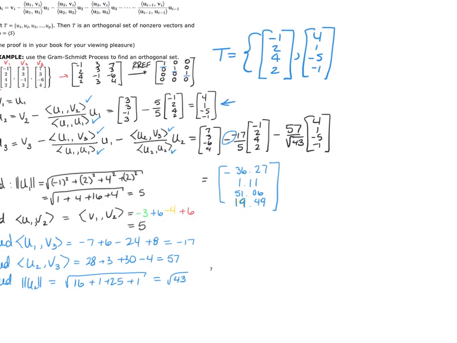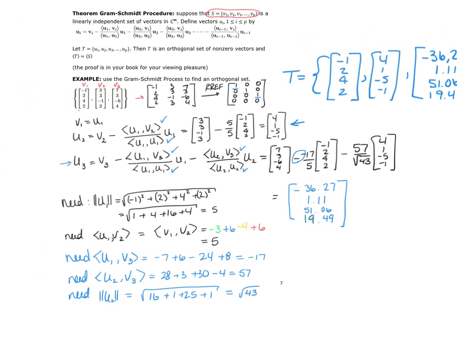And then my last one, which is not very nice numbers: minus 36.27, 1.11, 51.06, and 19.49. So those are my orthogonal set of vectors based on the Gram-Schmidt process.